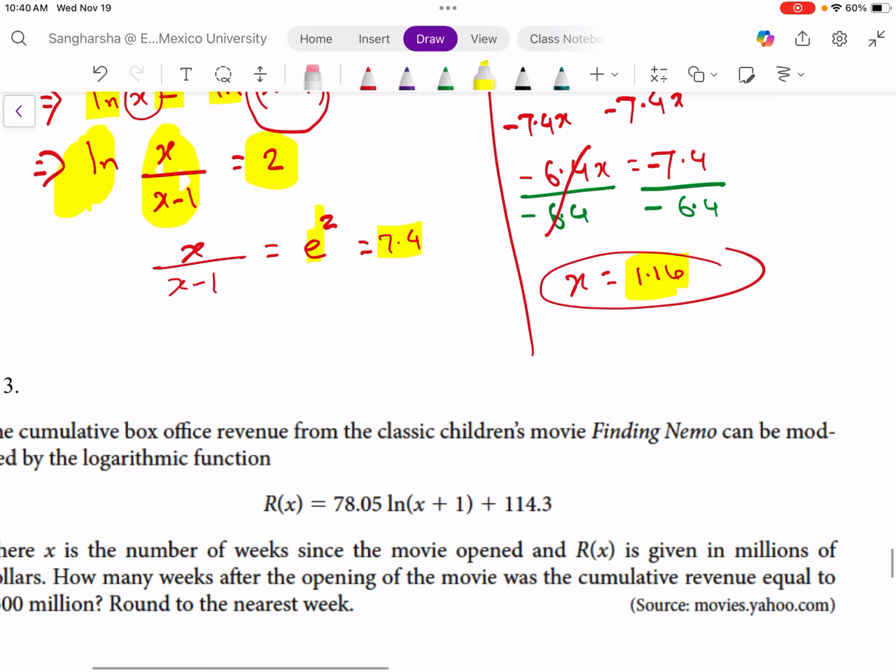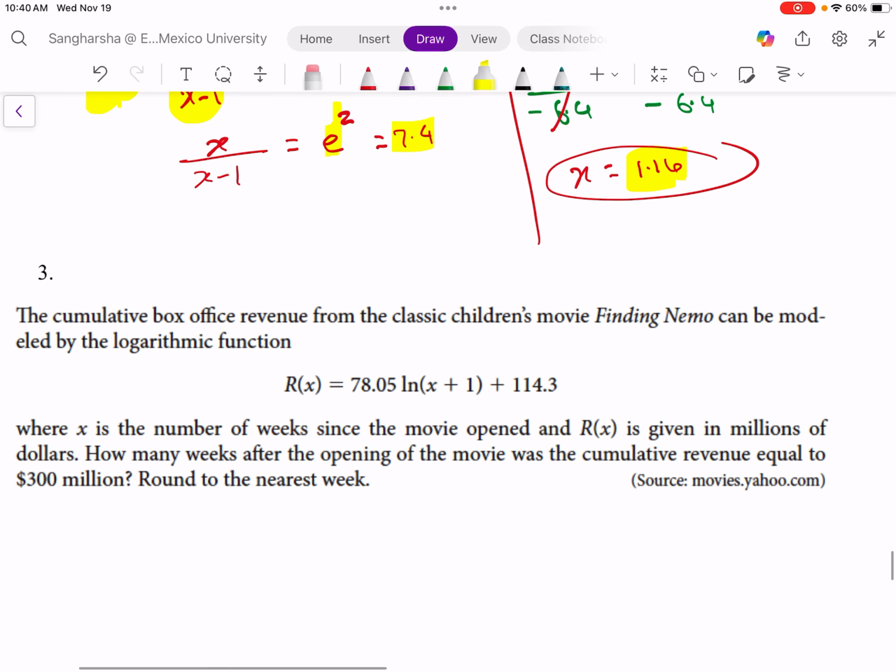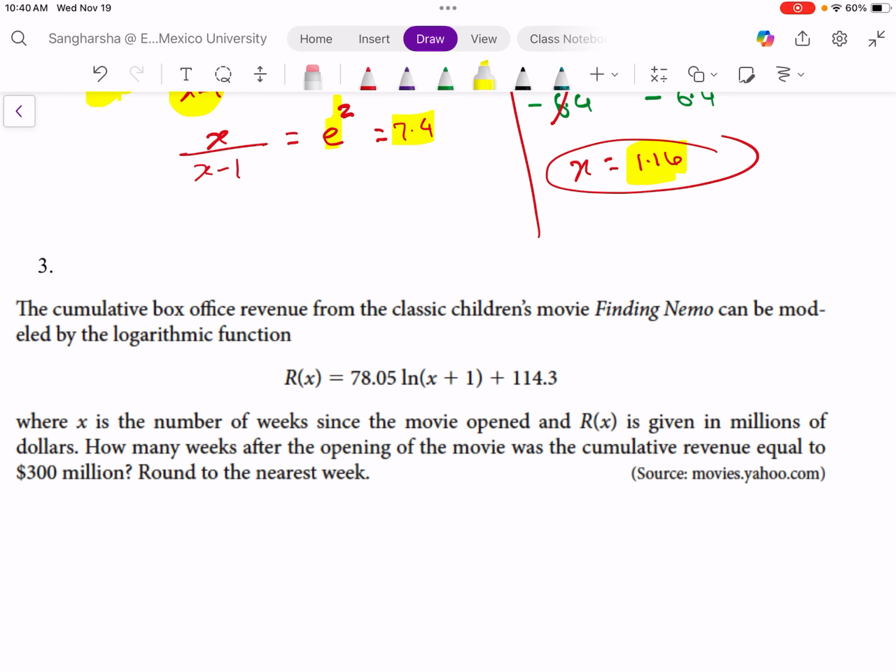Now we have the next example here. The cumulative box office revenue from the classic children's movie Finding Nemo can be modeled by a log function. This log function gives us the revenue from this movie.